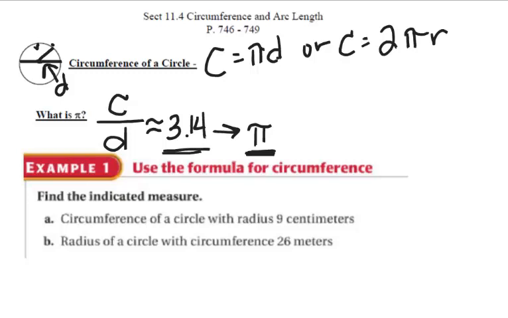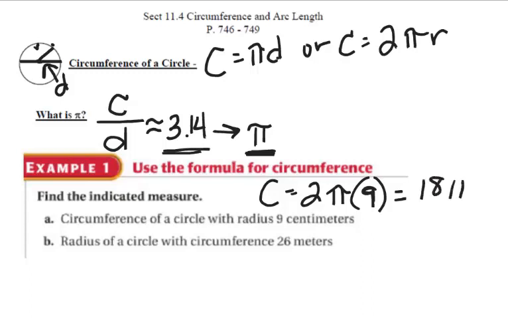So let's just do one of these. Circumference of a circle, if my radius was 9, circumference is 2 times pi times the radius, which is 9. What I like to tell my students to get in the habit of is to write your problem in terms of pi first. So 2 times 9 is 18 pi. And that's an exact value right there, 18 pi centimeters.